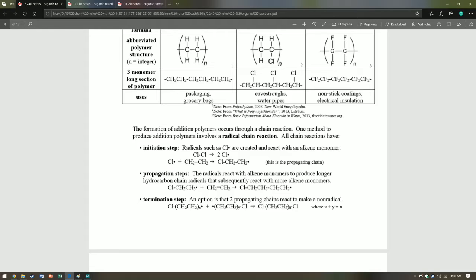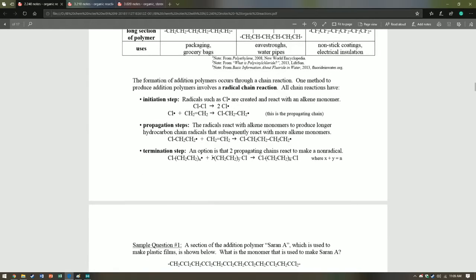Since you had two chlorine radicals, they react with more and more carbon chains until eventually both of those super large radicals meet up and join together, forming a polymer. That's the termination step: two propagating chains combine to make a non-radical. So x plus y equals n, and then you have this repeating unit.